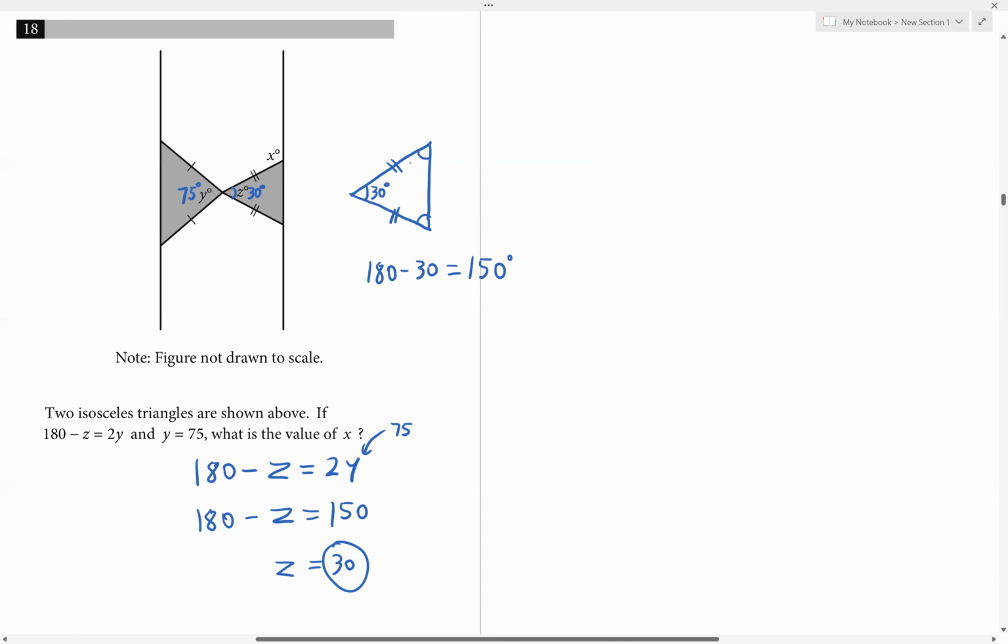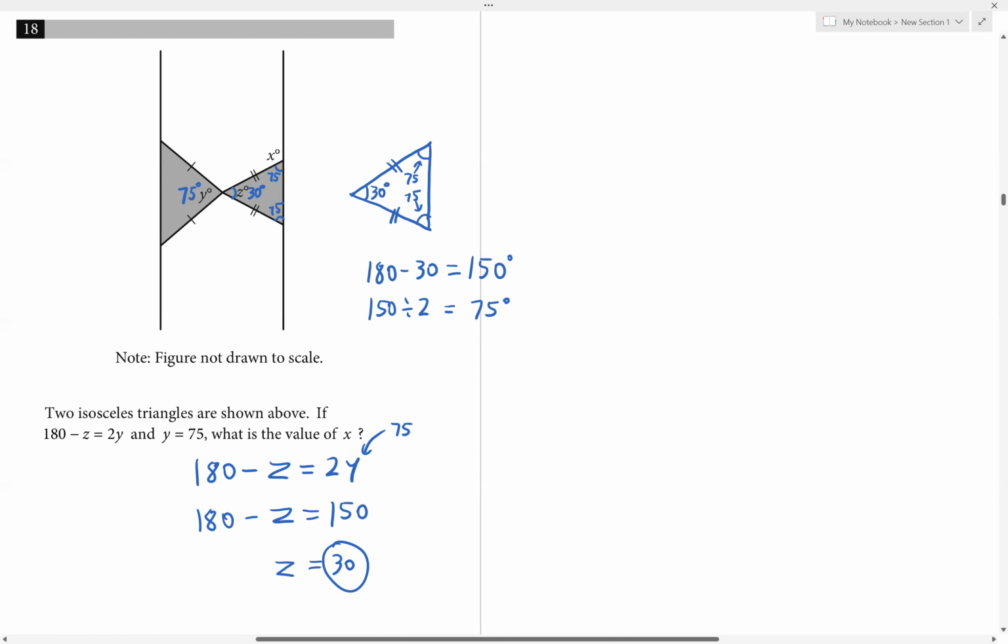And the sum of these two angles has to be 150 then. So to solve for one of the angles, we can do 150 divided by 2. That should be 75 degrees there. So each one of these angles should be 75. So that's right there, 75, and right there, 75.